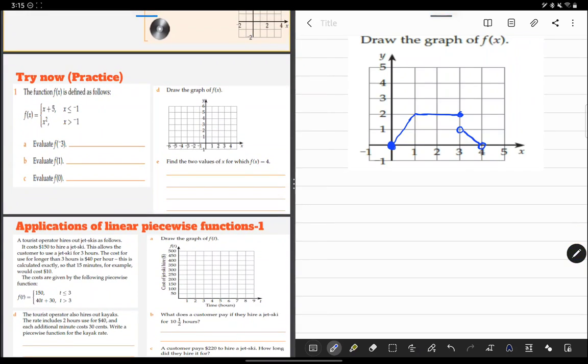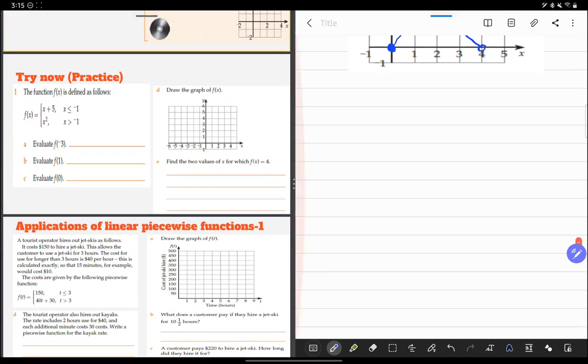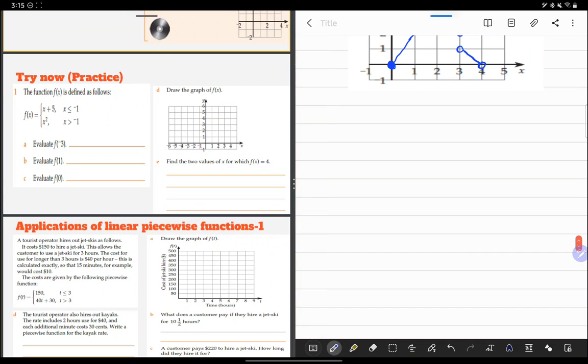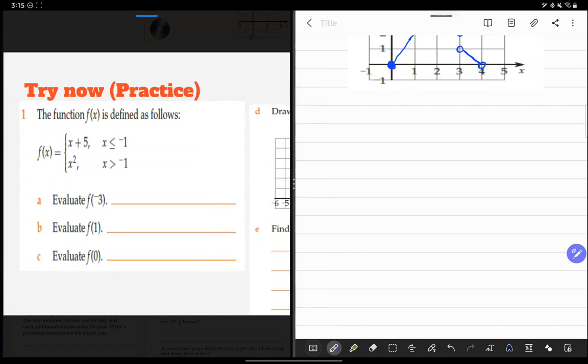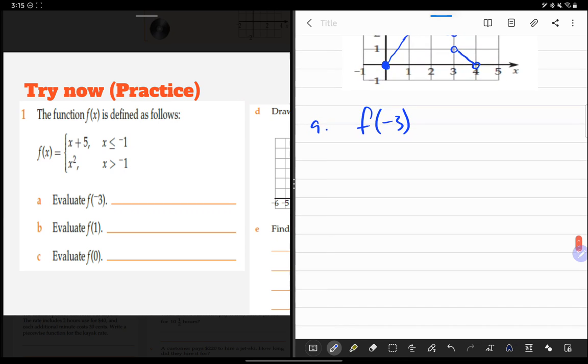Moving on. Let's try some more try nows. Here we go, try now, practice. The function is defined as follows, and we have that question there. Let's do it. A. f of x equals, not F equals, I keep saying that. So cool. x equals -3. Now, again, first thing we do, which equation are we going to use? We know it's the top one.